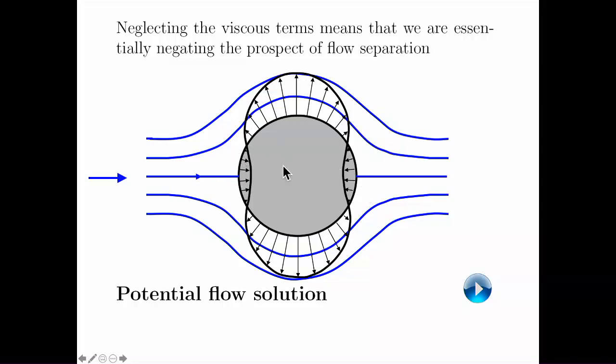How does it compare? It's symmetrical, right? If it's symmetrical, it basically means that this cylinder has no drag. But that's not realistic. If you go for a jog, you know that there's some drag acting on your body. So this result is not realistic.